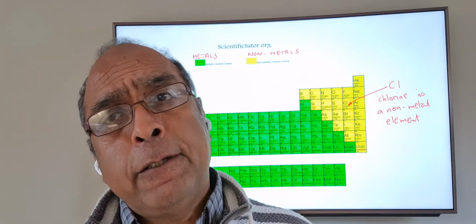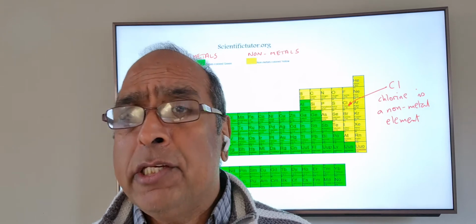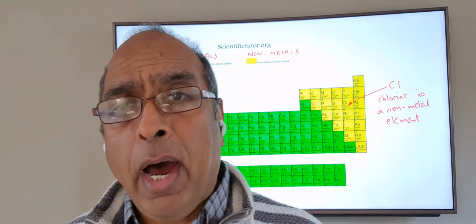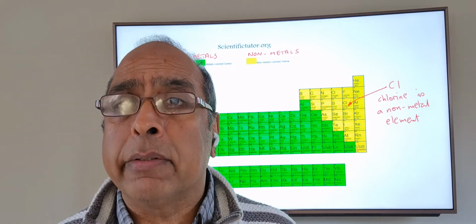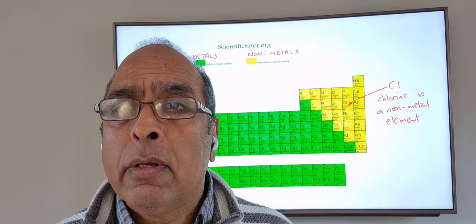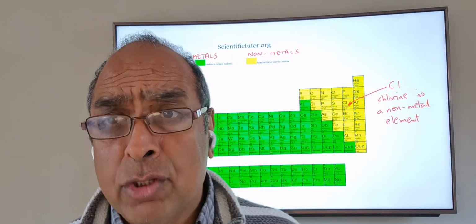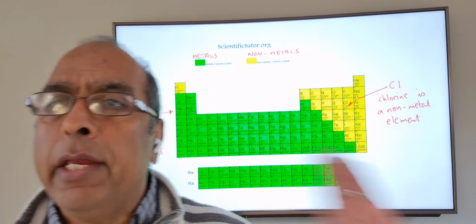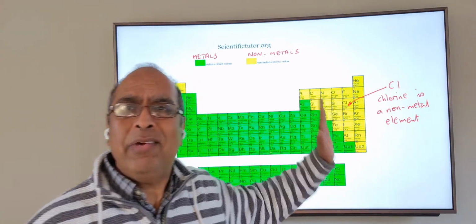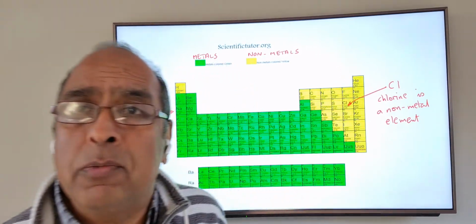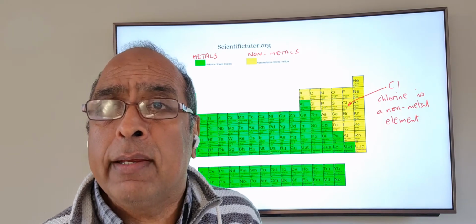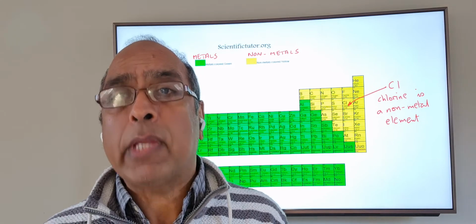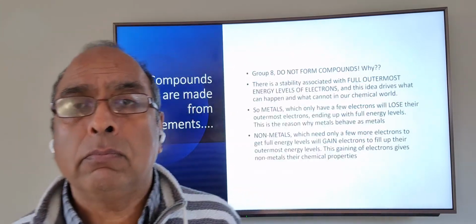It's the stability of the outermost energy levels being full that drives the things that happen in our world. If something's got full outermost energy levels already, then it won't do anything. And that's only the inert gases, that last column. If you ever get asked why that last column don't react, simply say they have full outermost energy levels and are stable.